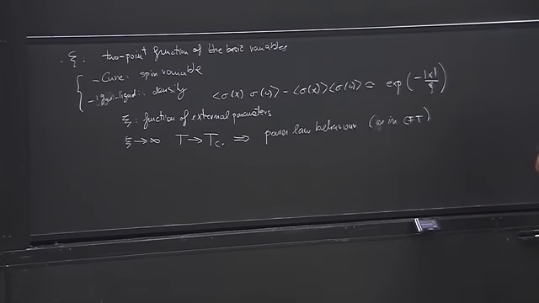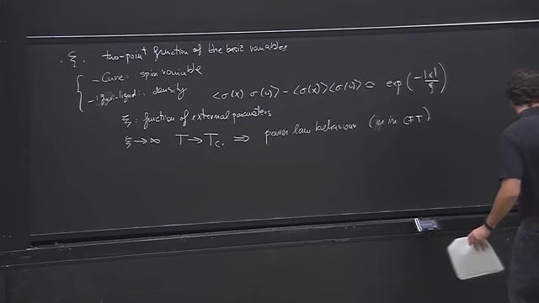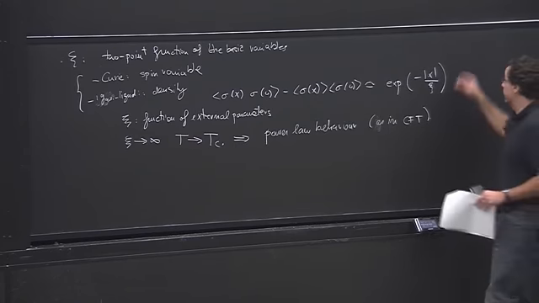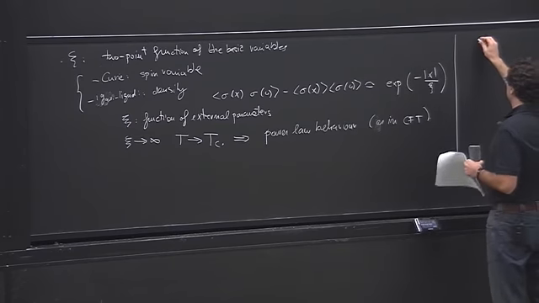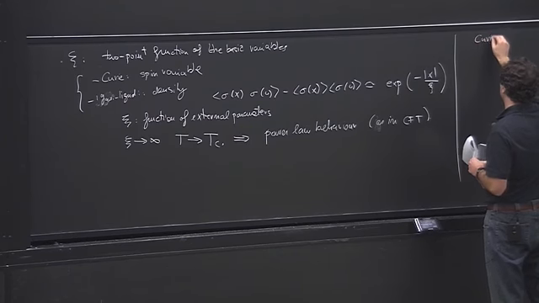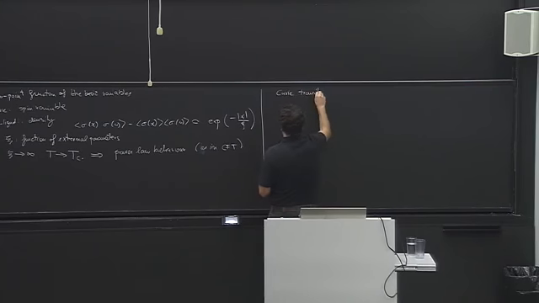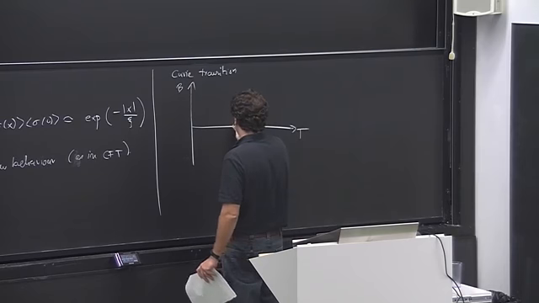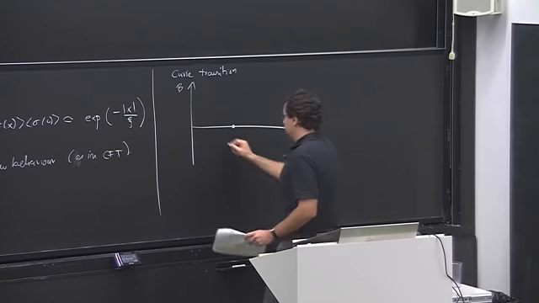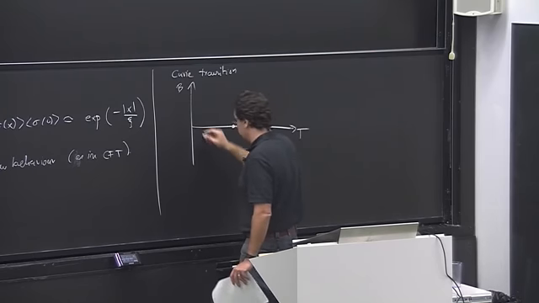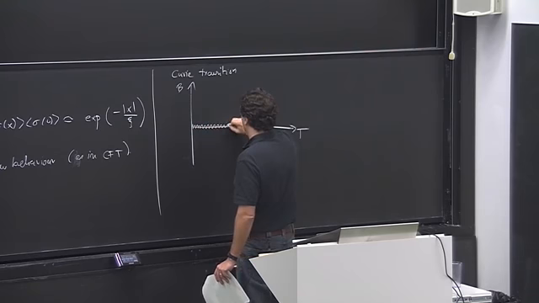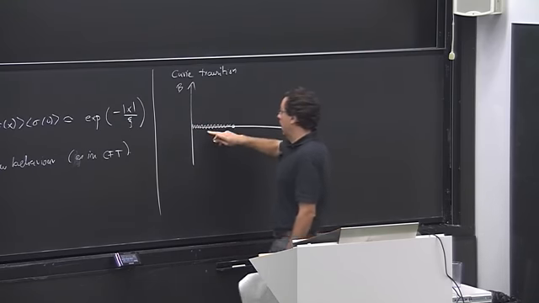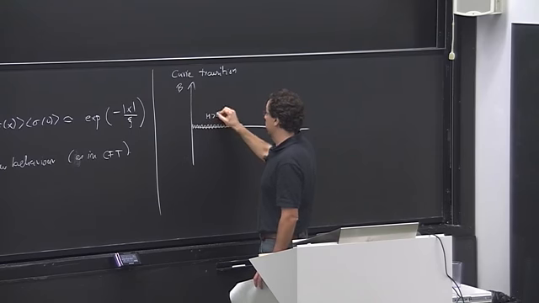So let me give you one example of a system that has this, which is the Curie transition. So this is the phase diagram. You have control over the magnetic field and the temperature. For low temperatures, there is a first order phase transition around this line, across which the magnetization jumps discontinuously.